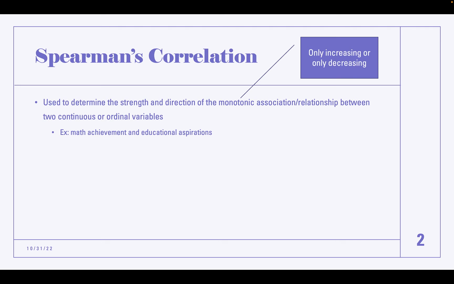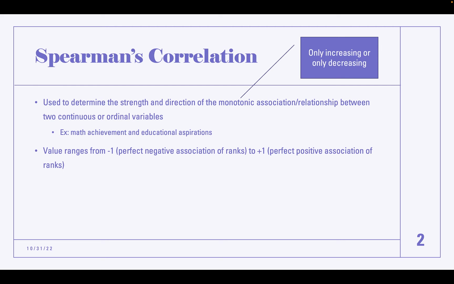An example here would be looking at math achievement and educational aspirations. So educational aspirations tend to be from as low as do not plan to graduate high school all the way through completing a PhD. And so those are discrete and ordinal. And then math achievement, of course, is a continuous variable.